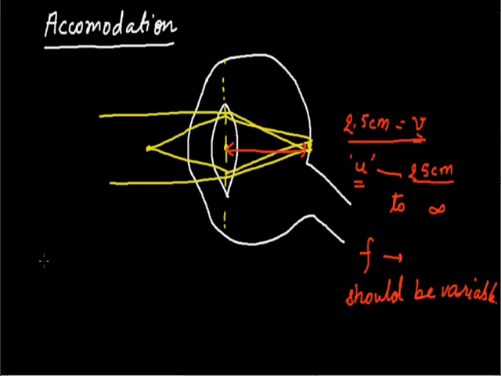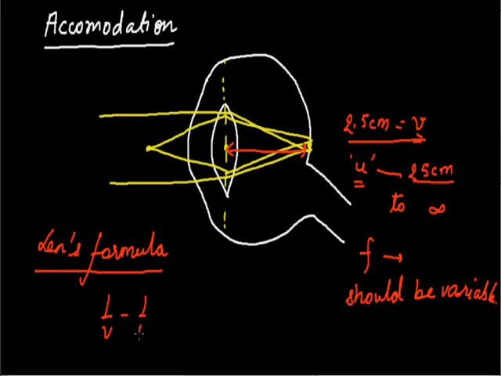As we know, the lens formula relates the object distance, the image distance, and the focal length of the lens. Here we can again observe that if u is changing continuously and v is fixed, then f should be changed such that the image is always formed at the same distance, as in the human eye the distance between the eye lens and the retina is fixed.